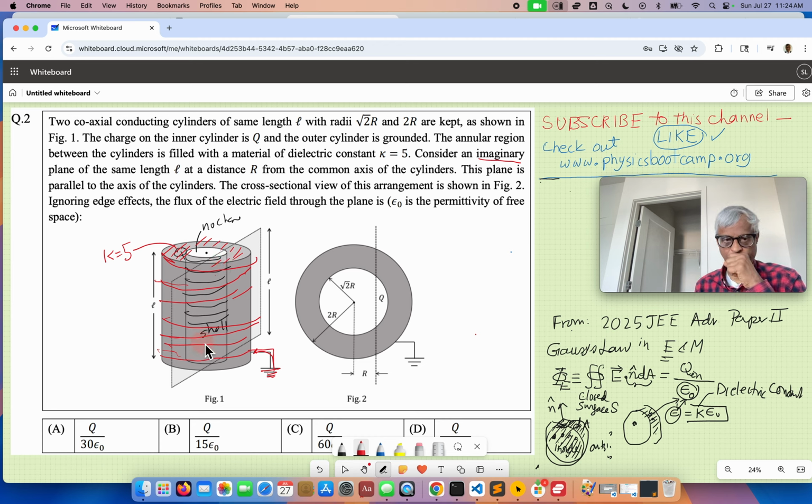The length is L. It cuts through here, and a top cross section is shown over here for clarity. The inner radius is R, and this distance from here to here is R. Let's put a charge Q on the inner one only.